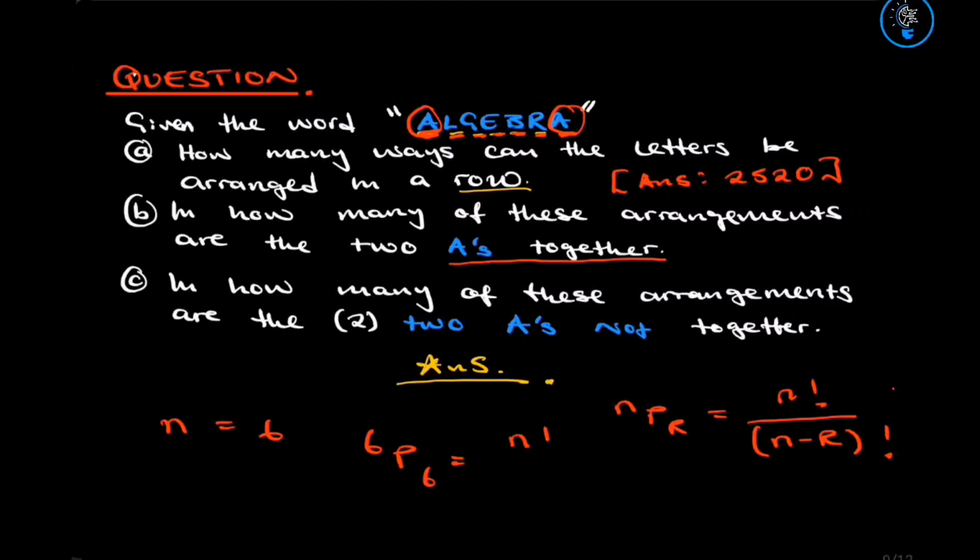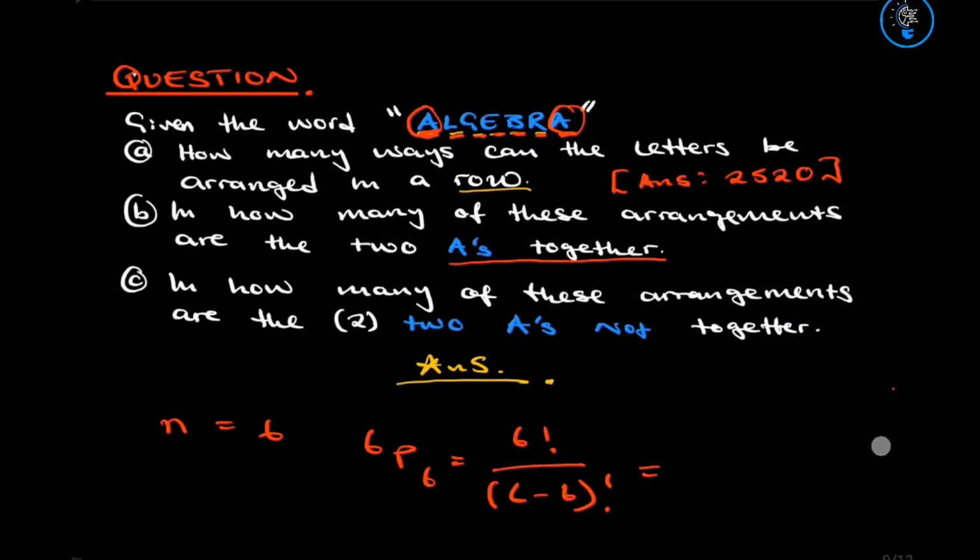So that will be n factorial divided by n minus 6 factorial. Now, n is 6, by the way. So let's put a 6 there, which will be equal to 6 factorial divided by 0 factorial, which is the same as 6 factorial. And when you plug this into your calculator, you're going to get 720. That will be your value. So that will be your answer on part B.